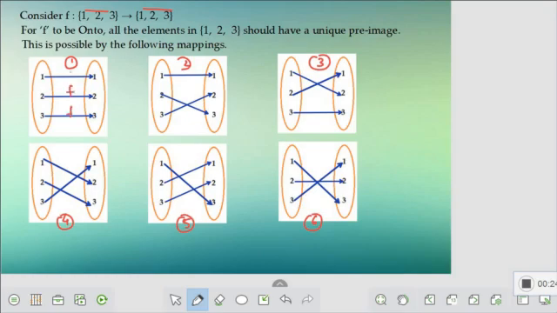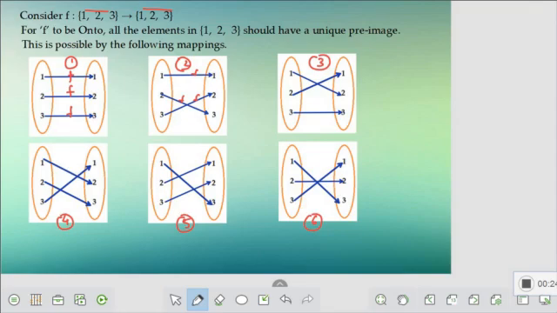So this is one way of representing an onto function, and the second one has 1 mapped to 1, 2 mapped to 3, whereas 3 is mapped to 2. And you can see all other combinations and you can easily check none of the combinations are repeated here. So here you could see 6 different functions for which f can be onto.